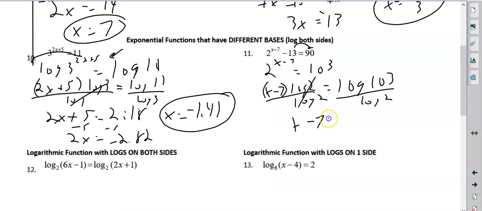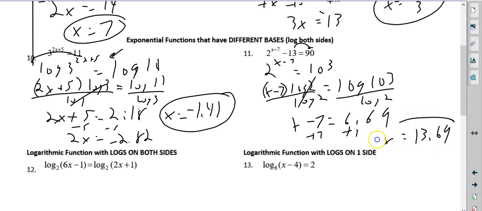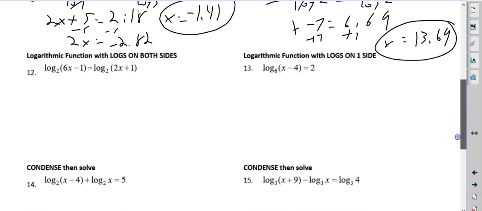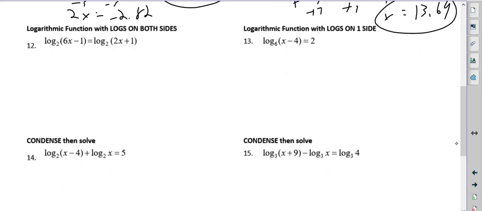So x minus 7 equals 6.69. And I'm going to add 7 to both sides. X is equal to 13.69. You need to hit pause or go back on any of these, please feel free to do so.